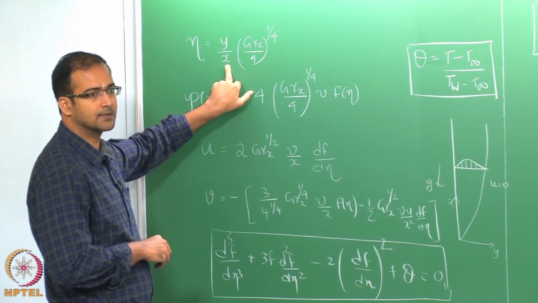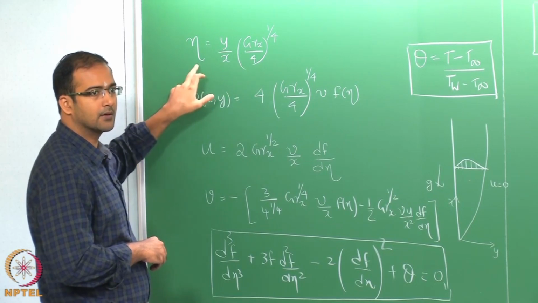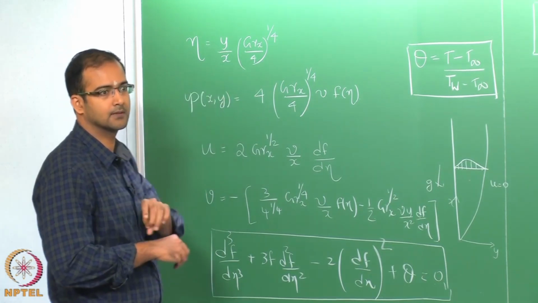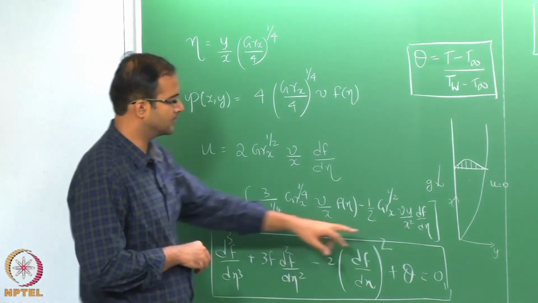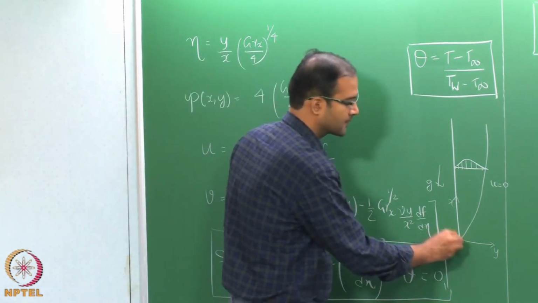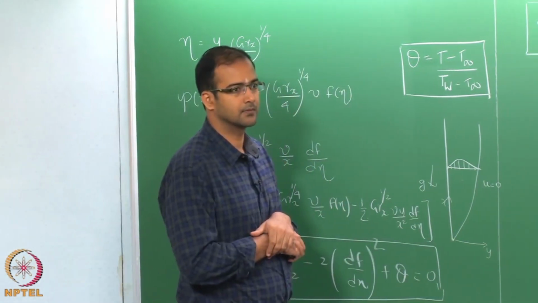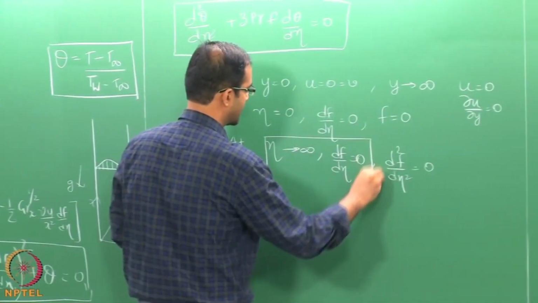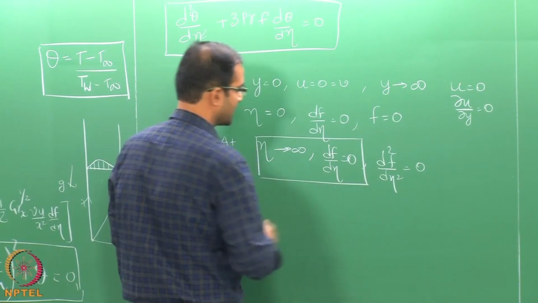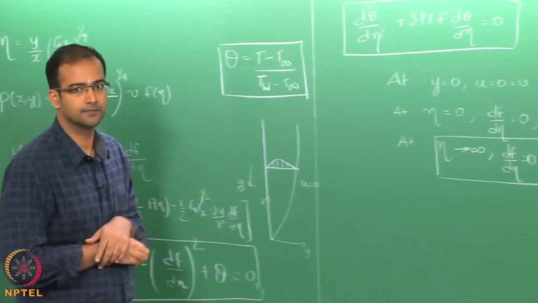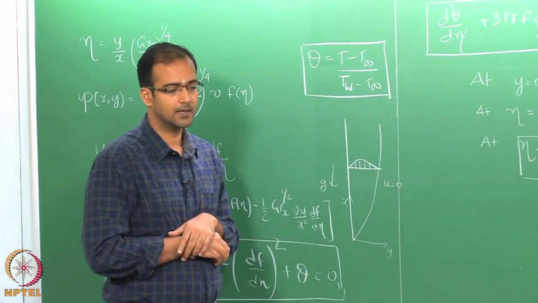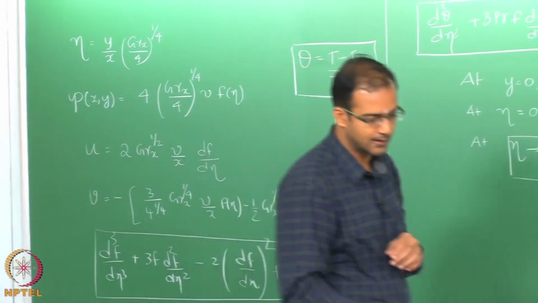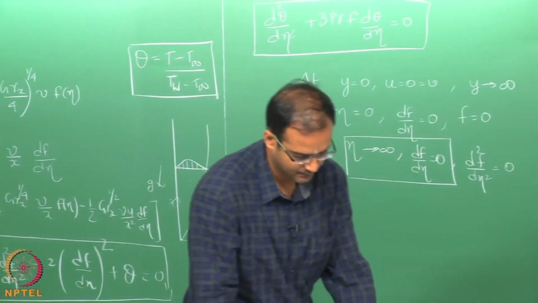So, therefore, at x going to 0, eta going to infinity, what is the condition? U should be equal to 0. Okay. So, the x going to 0 condition is satisfied by this condition as well, right. So, these are the conditions now.